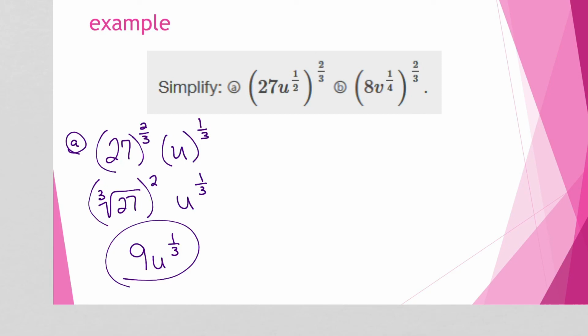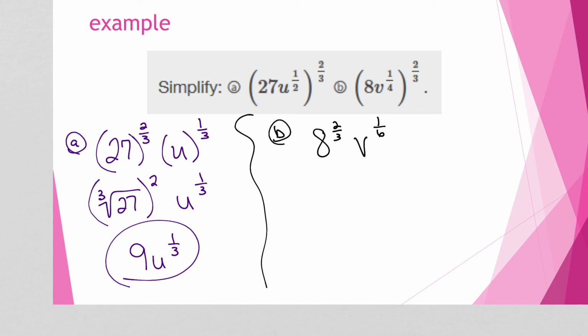All right, so let's look at B. We would have 8 to the 2/3 power, and then we would have v to the power raised to a power, we're going to multiply. So I would have 2 over 12, which is 1/6. Okay, 2 over 12 is 1/6.